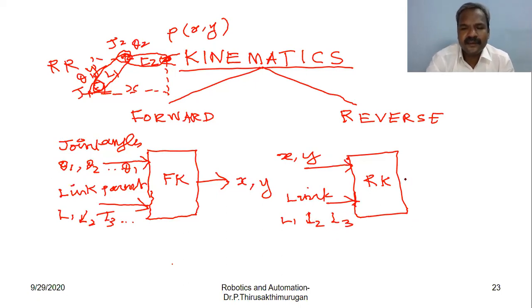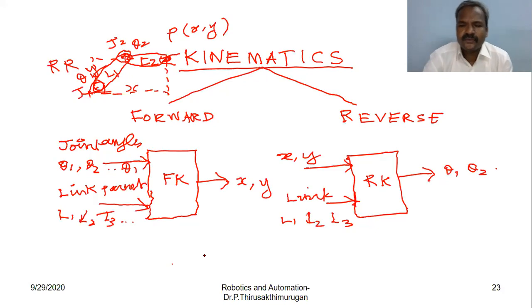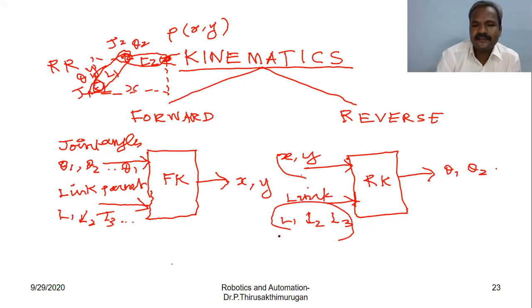What do we have to determine? If for the given X and Y and link parameters we determine theta 1, theta 2, theta 3, then this kinematics is called reverse kinematics.